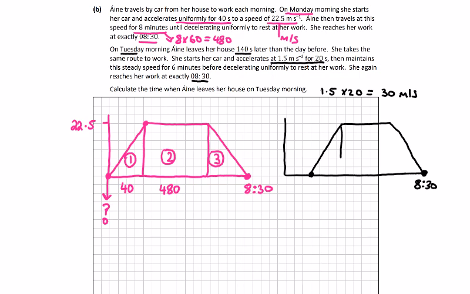So she takes the same route to work. Along here, she's going to get to a speed of 30, and it's taken her 20 seconds. She then maintains a steady speed for 6 minutes. 6 by 60 is 360 seconds in this sector. And then we don't know the end point. What do we know though?